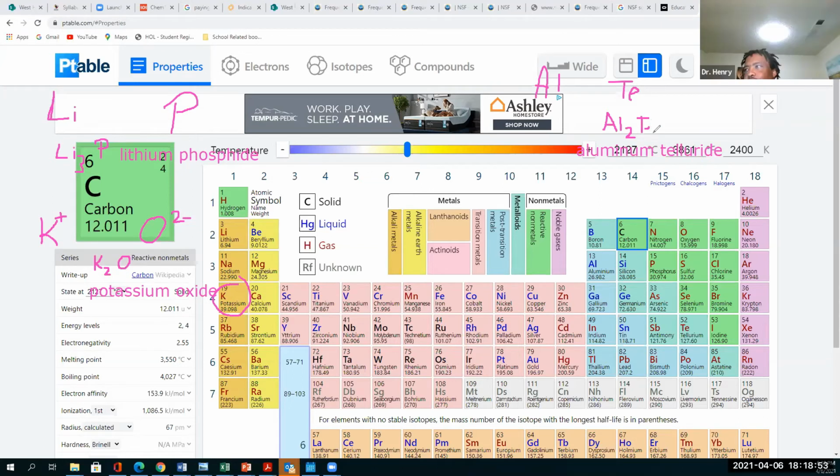Yes, that is correct. Because we know that tellurium is a -2 charge, and aluminum is a 3 plus charge. So that means we'll need 2 of these guys, which adds up to 6, and then we'll need 3 of these guys, which adds up to -6.